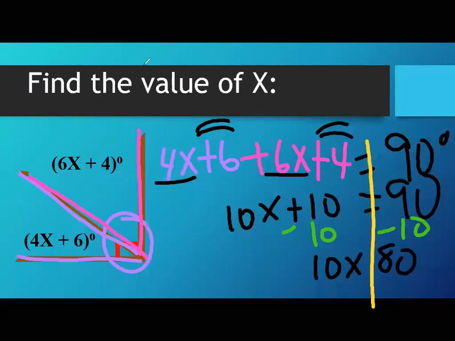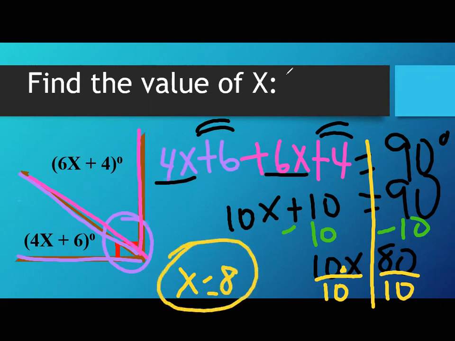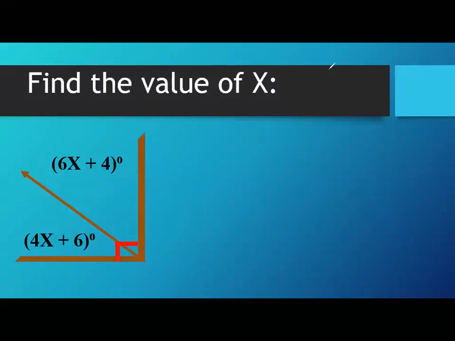The 10 is multiplying the x, so I'm going to divide. The inverse of multiplication is division. So I end up with x equals 80 divided by 10, which is 8. And this is the answer. So the value of the variable x that makes these two angles complementary is 8.